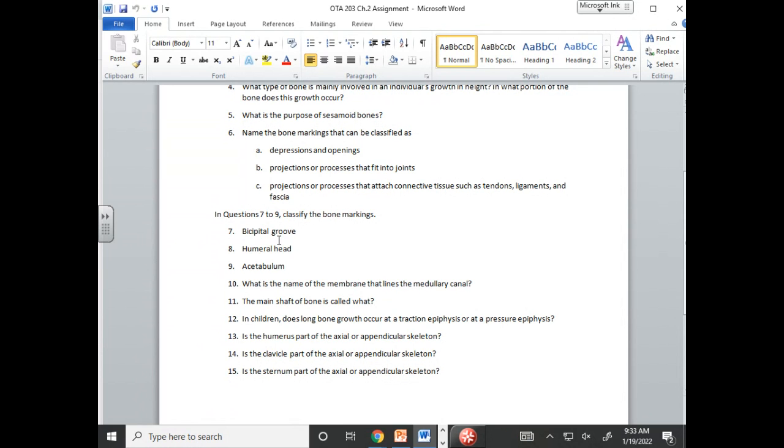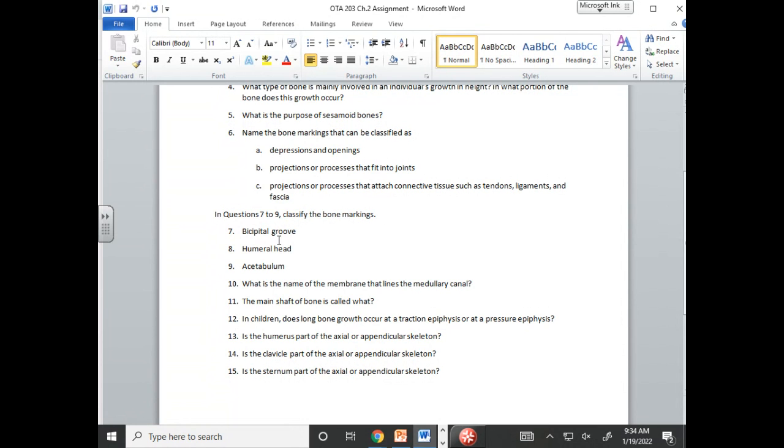In children, does long bone growth occur at a traction epiphysis or at a pressure epiphysis? That'd be pressure. Pressure. Good. Okay, is the humerus part of the axial or the appendicular skeleton? Appendicular.